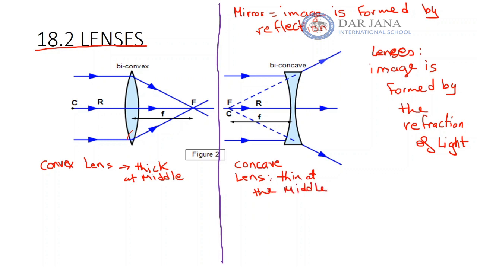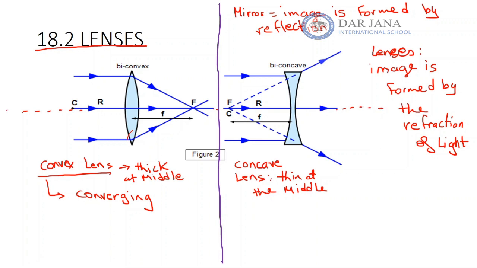Now, the convex lens is a converging lens. Converging means if we have rays parallel to the principal axis, the line here at the middle is called the principal or the optical axis.